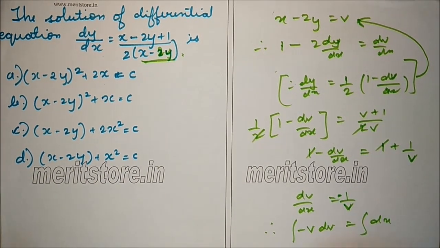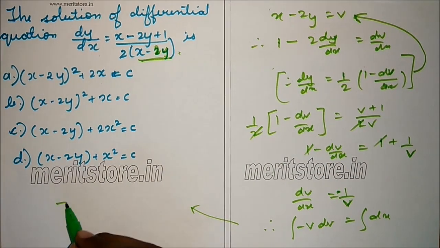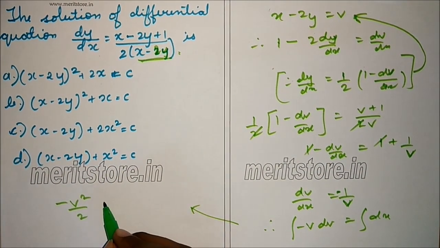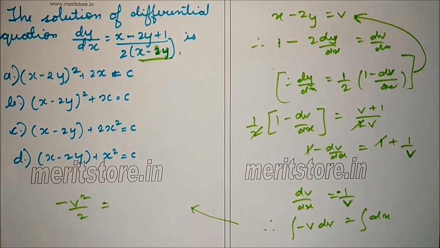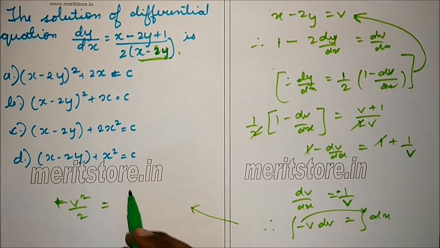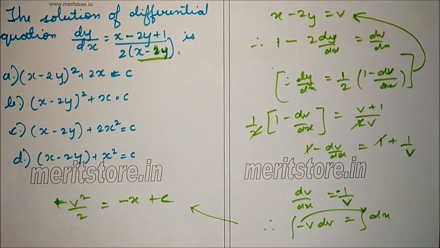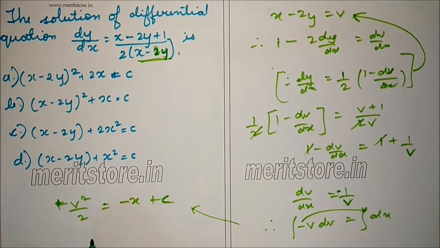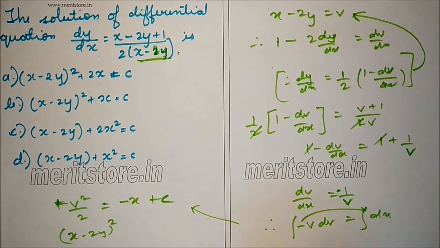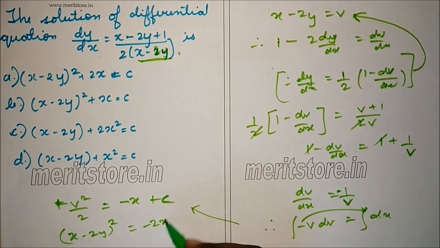Integrating both sides, we get minus v square by 2 is equal to, or rather plus v square by 2, shifting this to RHS, equals minus x plus c. But v is x minus 2y, so this will be x minus 2y the whole square, and multiplying throughout by 2, we get minus 2x plus 2c.